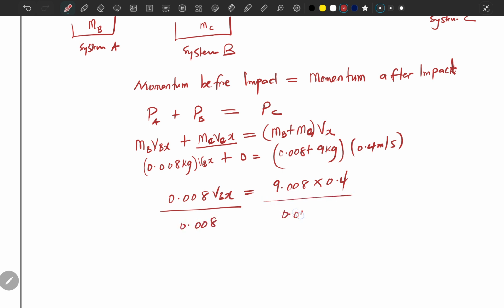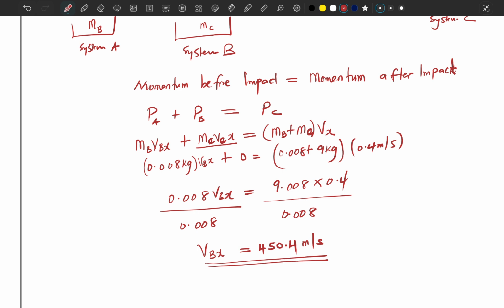So our velocity VBx, which is the initial one, I'm getting 450.4 meters per second. So this is the initial velocity of the bullet when it started moving.